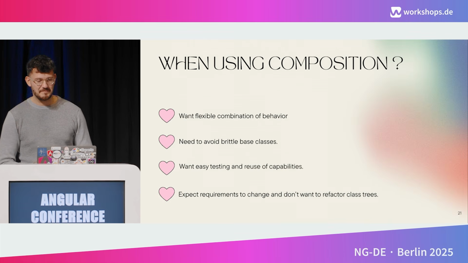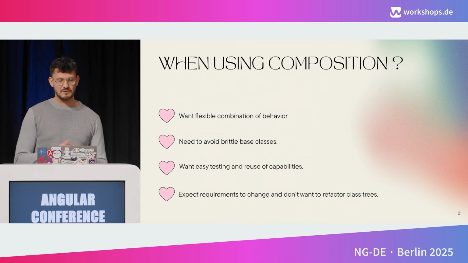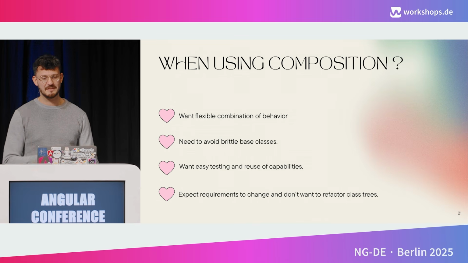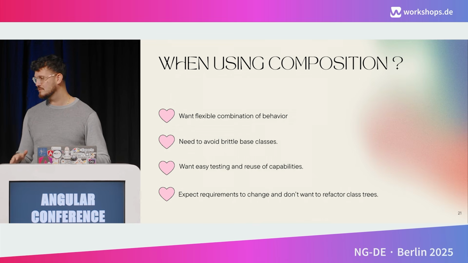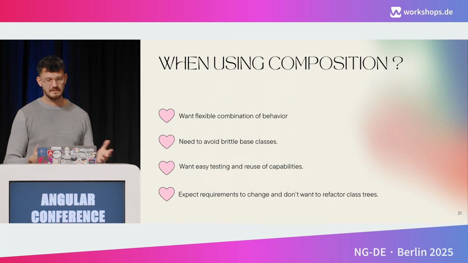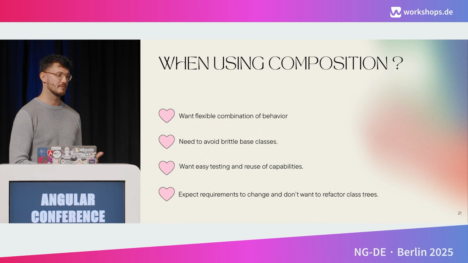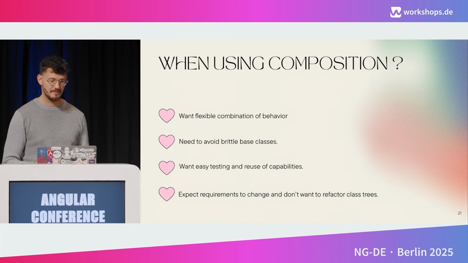Okay, so I don't want to say the composition pattern is always the best thing to do. There are other patterns. So first, use composition when you want flexible combination of behavior, this is the first rule. Then when you need to avoid base class spaghetti.